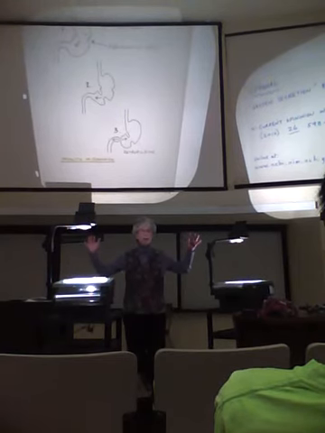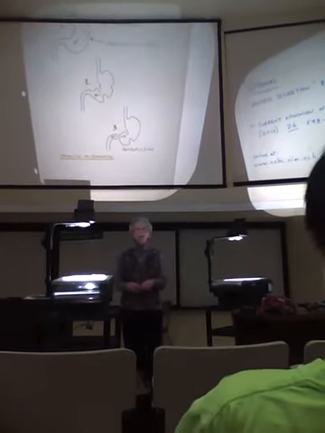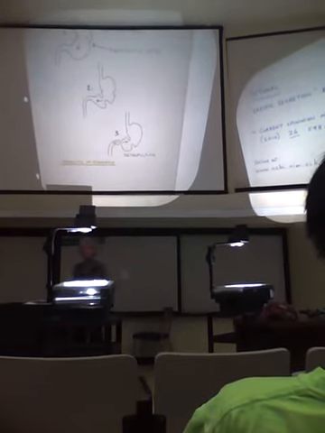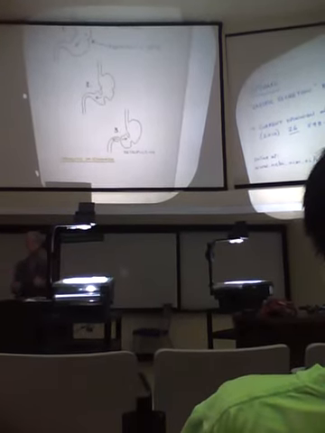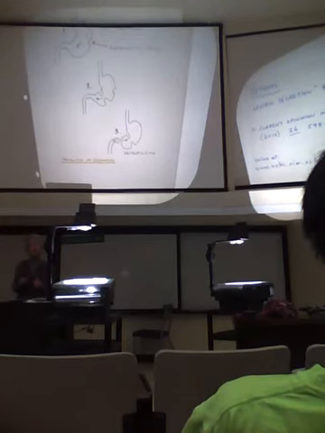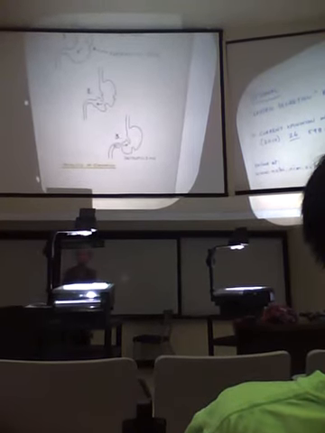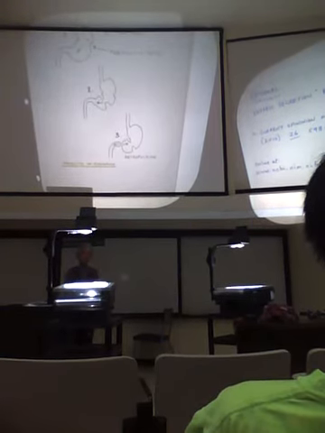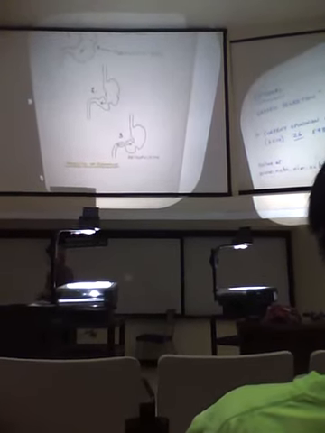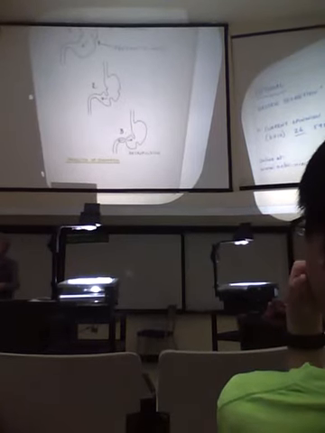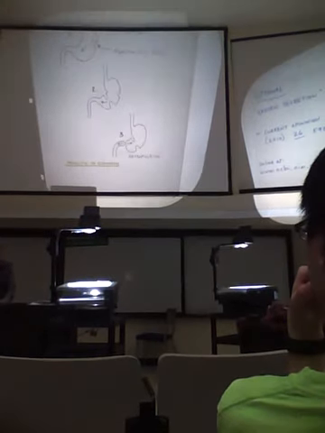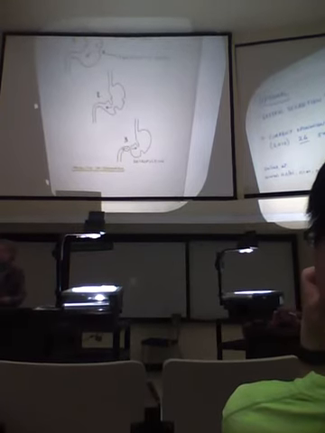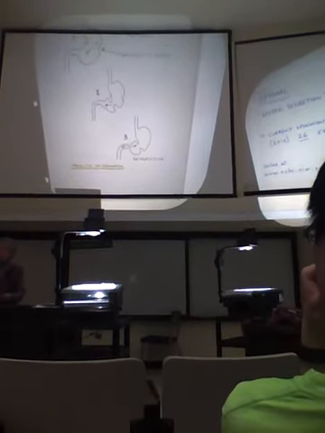And that's actually useful because it allows for further grinding, further mixing, and then another peristaltic wave will come down, and if it catches the right moment, it will find an open or relaxed sphincter and it will be able to go out. And the contents in the stomach are normally broken down to less than 1 millimeter before they are allowed to escape into the small intestine.